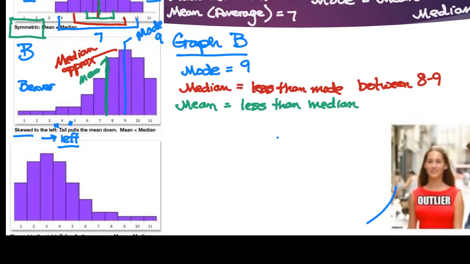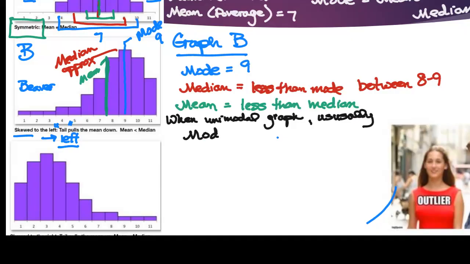Okay. So let me get a different color here. When you have a unimodal graph, okay, usually, and this is usually, not always, but usually your mode is going to be greater than your median, which is going to be greater than your mean.